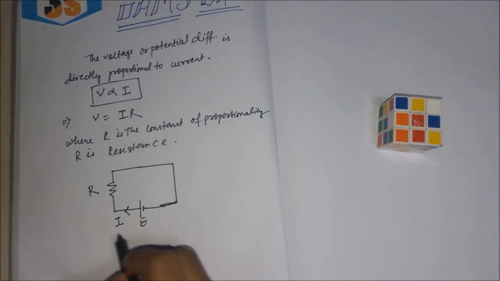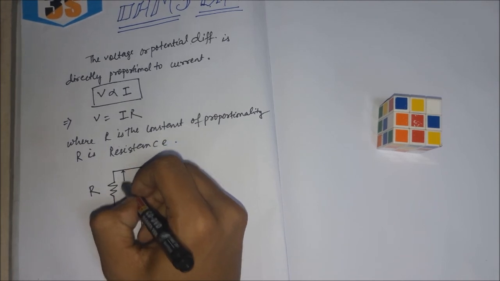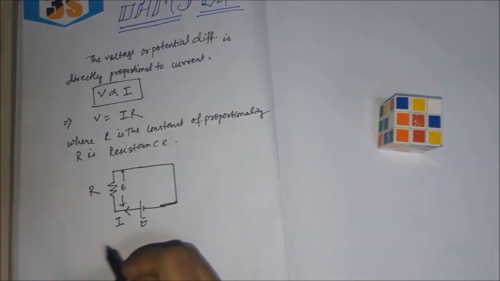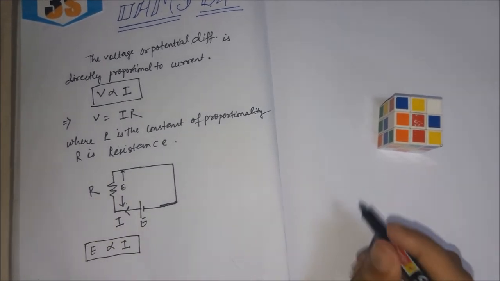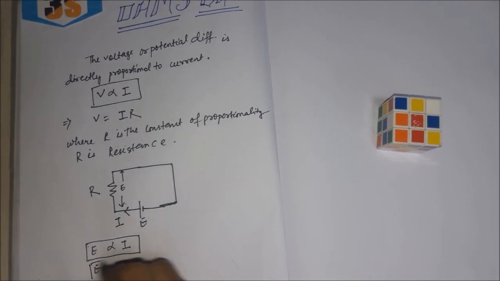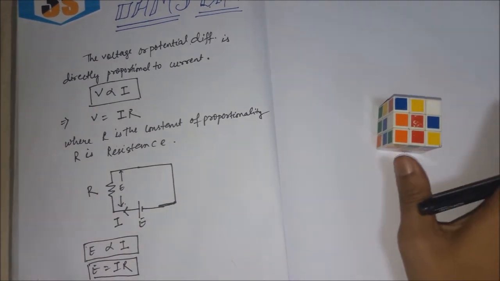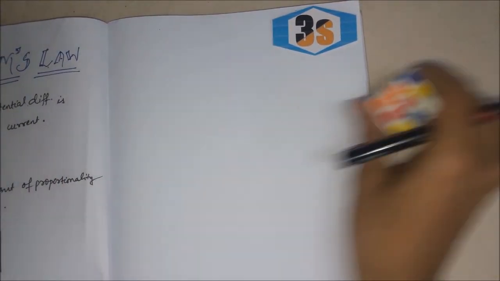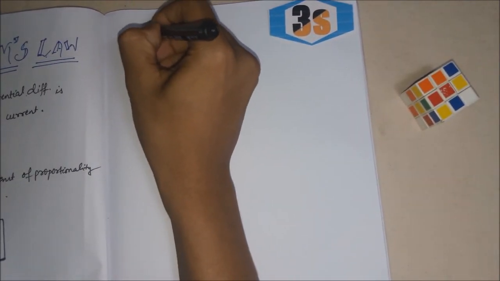Now the net voltage across the resistor will be E. Now E is proportional to I, where I is the current flowing through the resistor. Now E equals I into R, which is the required relation. Now we will study the series and parallel connection.